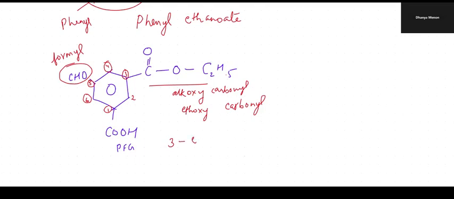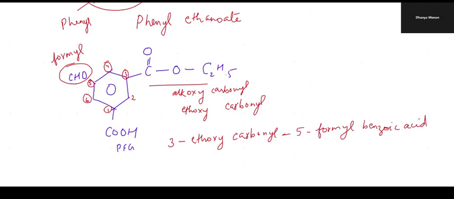So 3-ethoxycarbonyl. Fifth position, I have formyl, and benzene with acid is benzoic acid. Okay, I hope I'm clear.